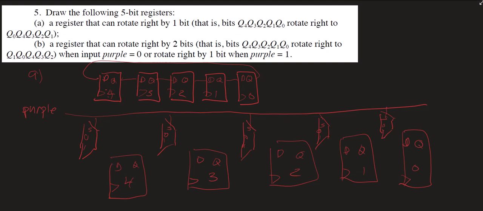Also, all of these multiplexers connect to the D input of their flip-flop. So I'm going to rotate right 2 bits. So this 4 is going to go into the 0 for the 2.